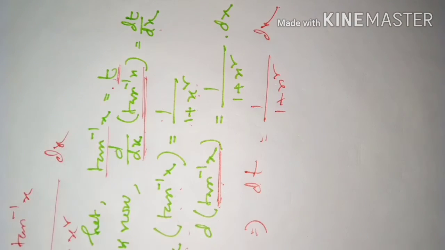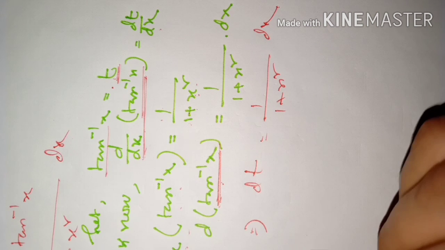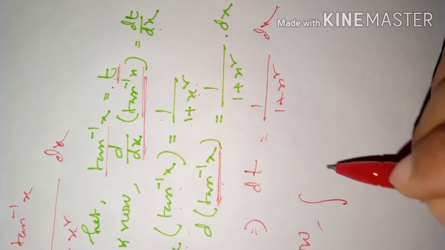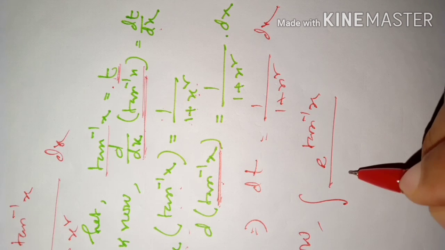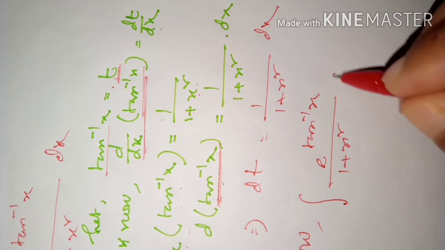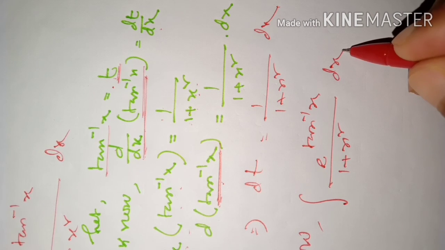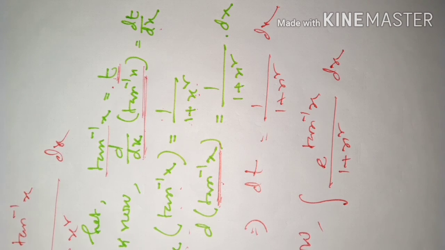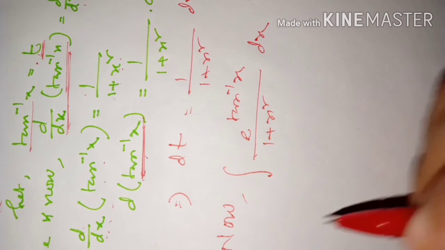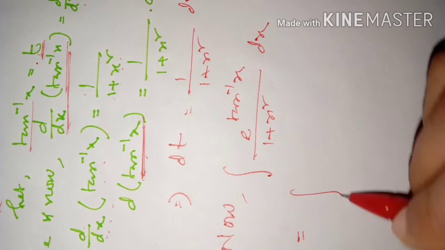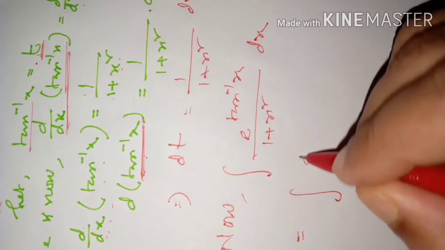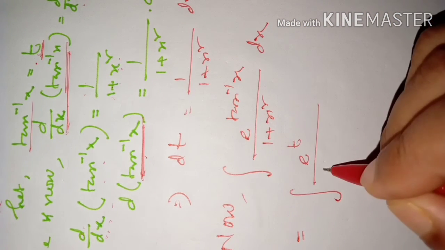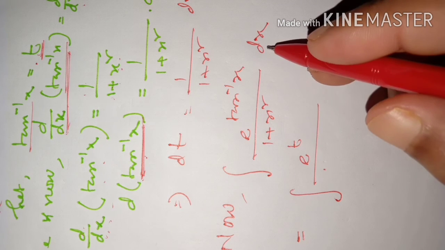Don't get confused, right? Now we can write the original problem. Integration of e to the power of tan inverse x by 1 plus x square dx. So that gives us integration of e to the power of t, where tan inverse x is t, divided by 1 plus x square into dx.